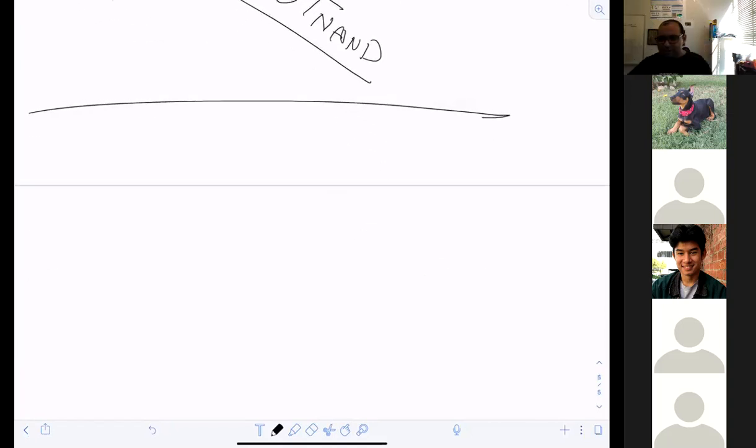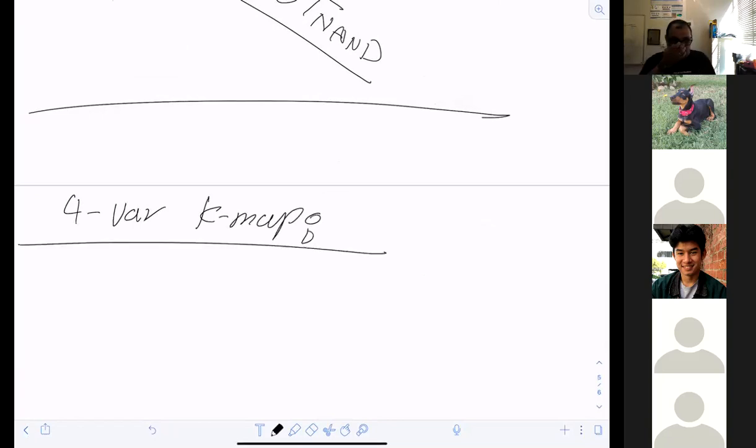Okay. Anyway, now we're going to go into the last one from my view, which is called the 4 var K-map. Why 4 var?